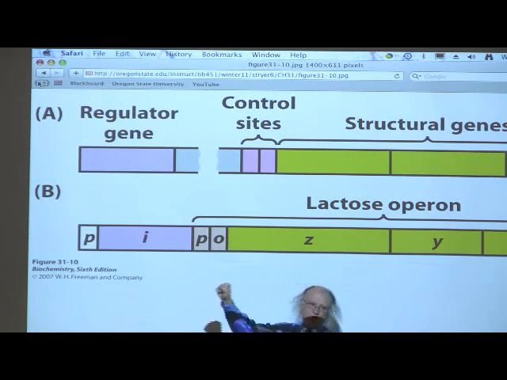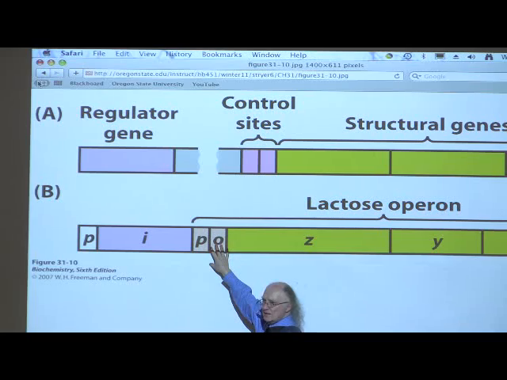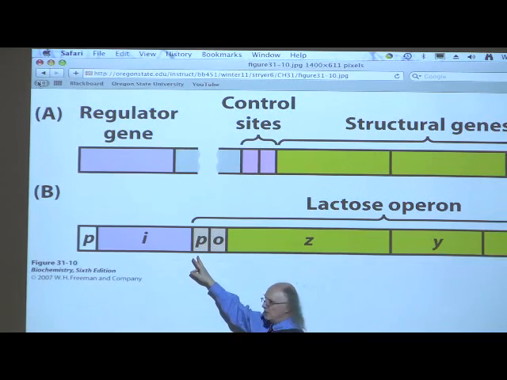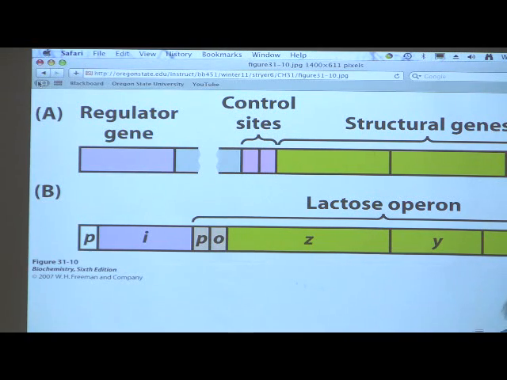When allolactose binds to the lac repressor, it cannot bind to the operator. Now, we have a situation: lactose is present, the lac repressor cannot bind to the operator. Now RNA polymerase has access to the promoter, and RNA polymerase transcribes the lactose operon. So it's a very simple control system, doing very, very simple things.